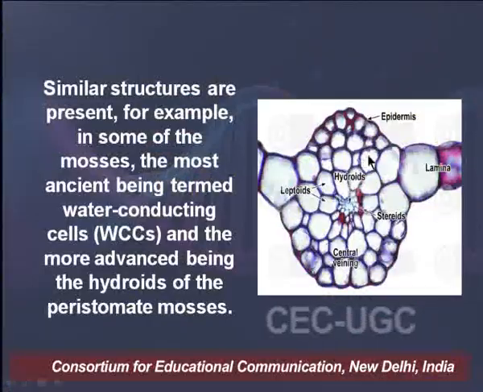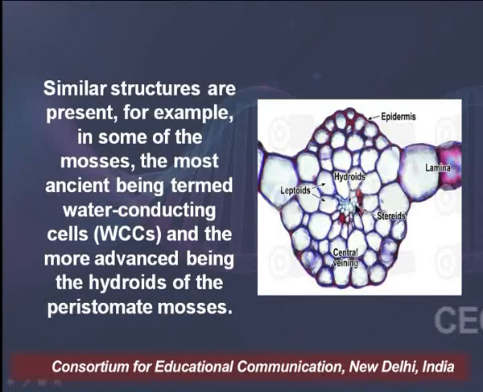These developmental details of hydroids, xylem and phloem can be seen from the previous slides, where we can see in this diagram that the hydroids are placed at the center, which will conduct water and which will gradually evolve into xylem, and the leptoids will gradually evolve into phloem, and it will conduct nutrient material in both directions.